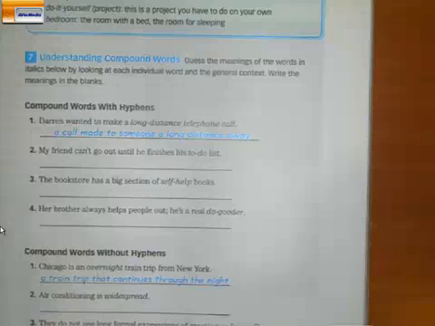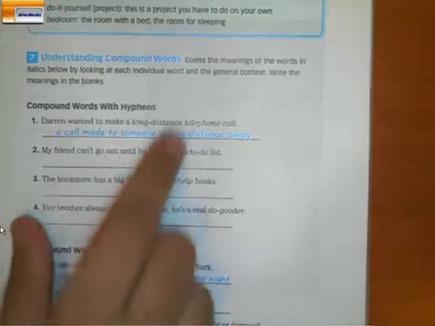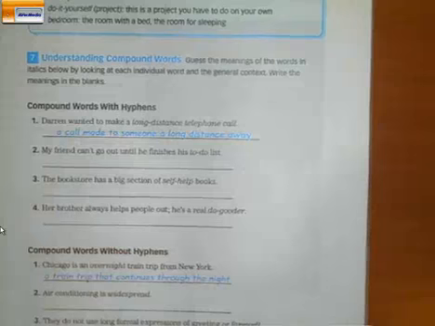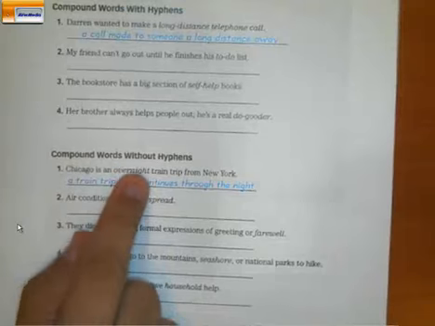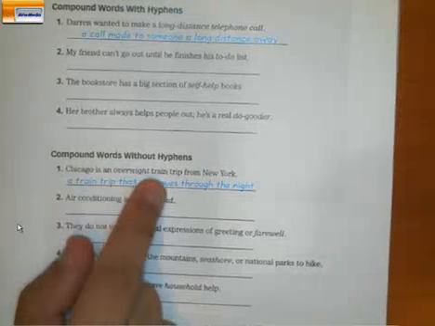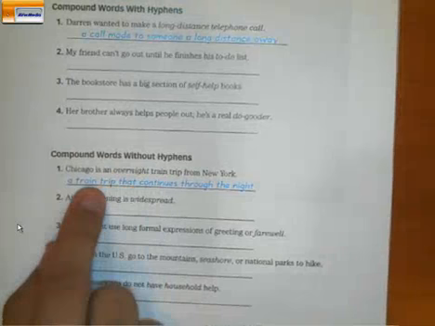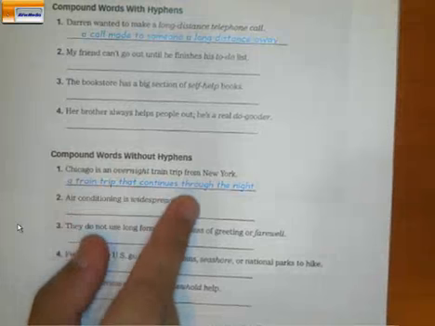So you are a do-gooder. These are the compound nouns with hyphens. Hyphens is the little dash between the words. There are compound words without hyphens, like the one we said here, overnight. An overnight train is a train trip that continues through the night.